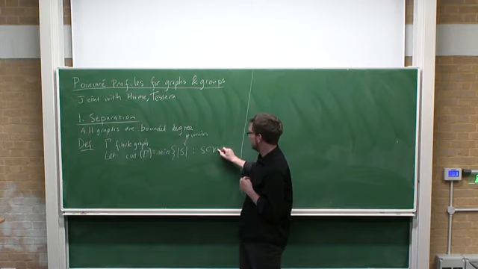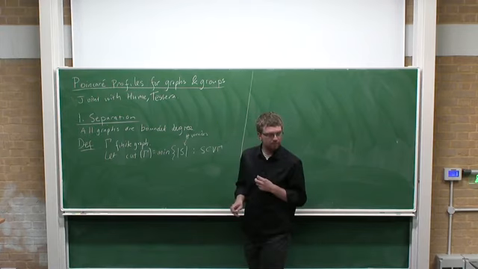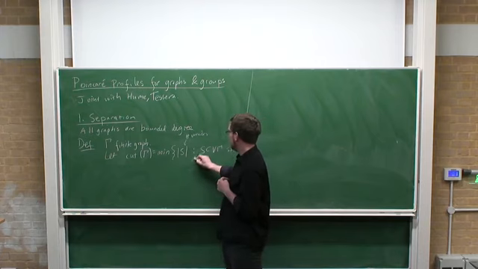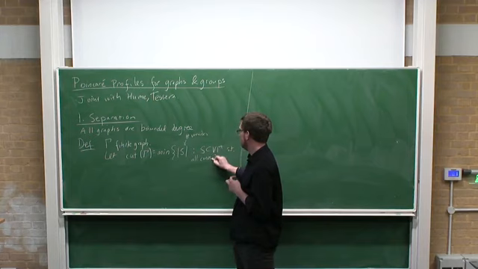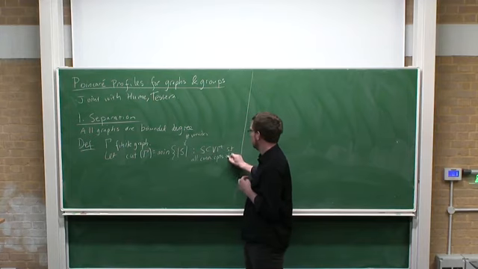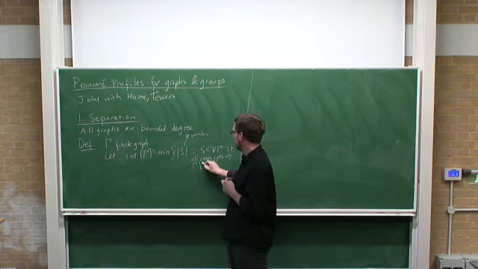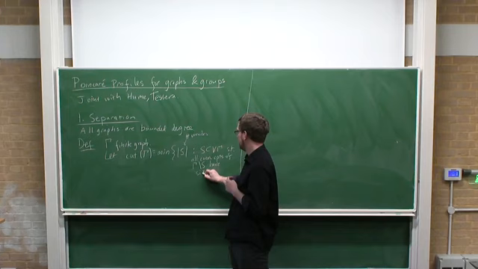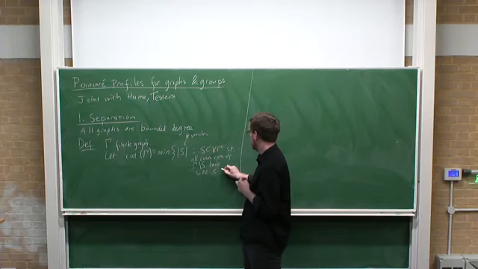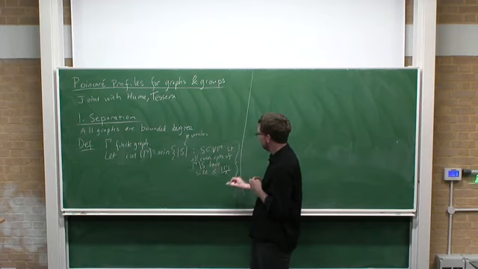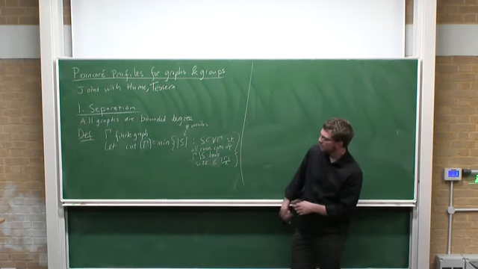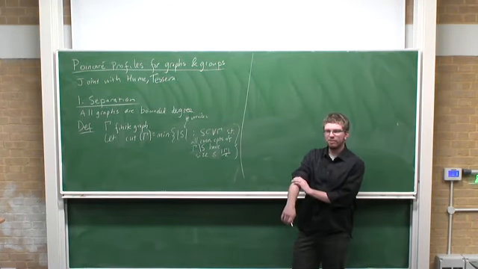S is a subset of the vertices of gamma with the property that all connected components of gamma minus S have size at most half of the size of gamma. So for a finite graph, how many vertices do you have to delete so that all the pieces are at most half the size?